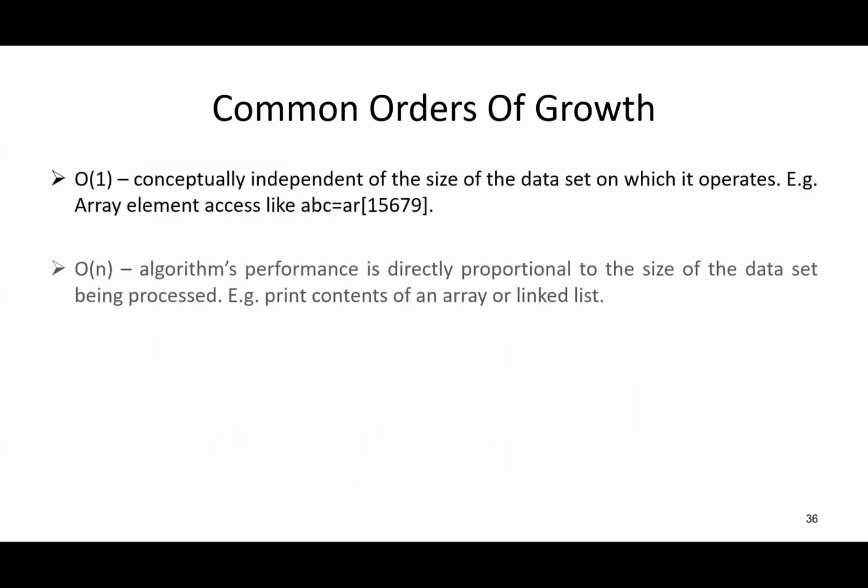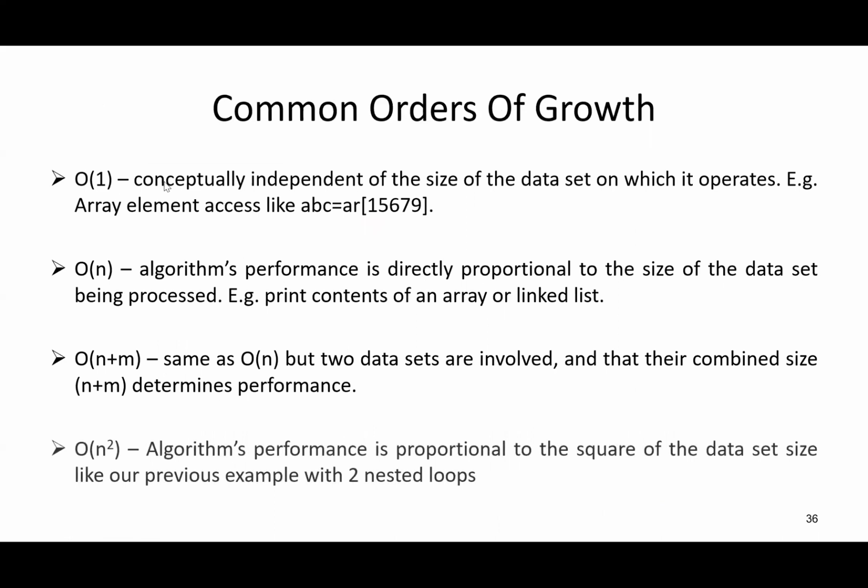So let's look at what the scenario is if you have order of 1. If the big O that you get is order of 1, usually it means your algorithm is independent of the size of the data on which it operates. For example, array element access, random access.